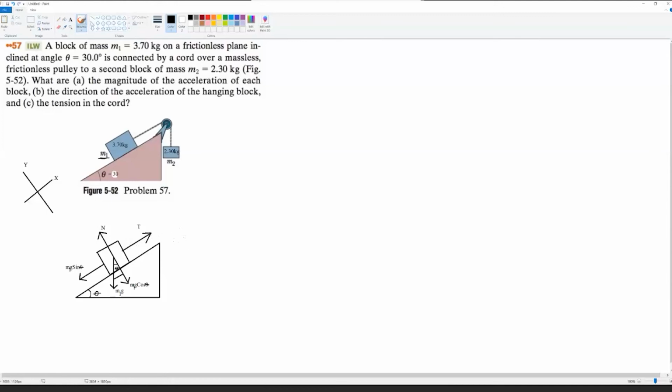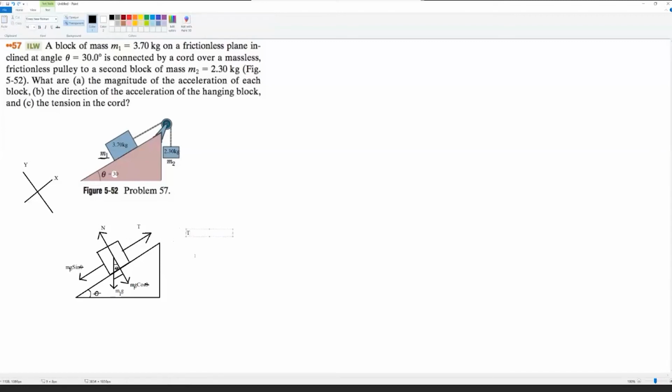So we're going to do this as positive T. You know what? Positive T minus M sub 1 times g times sine theta. So this is essentially the first equation.